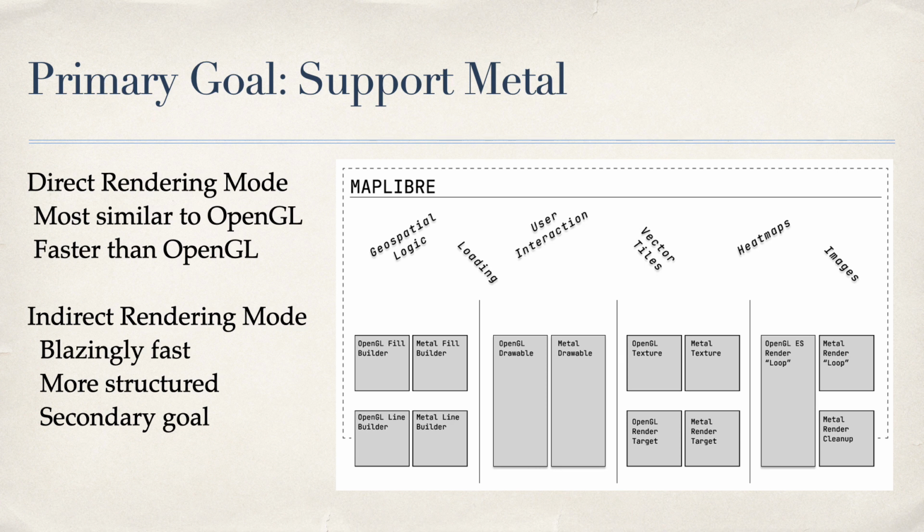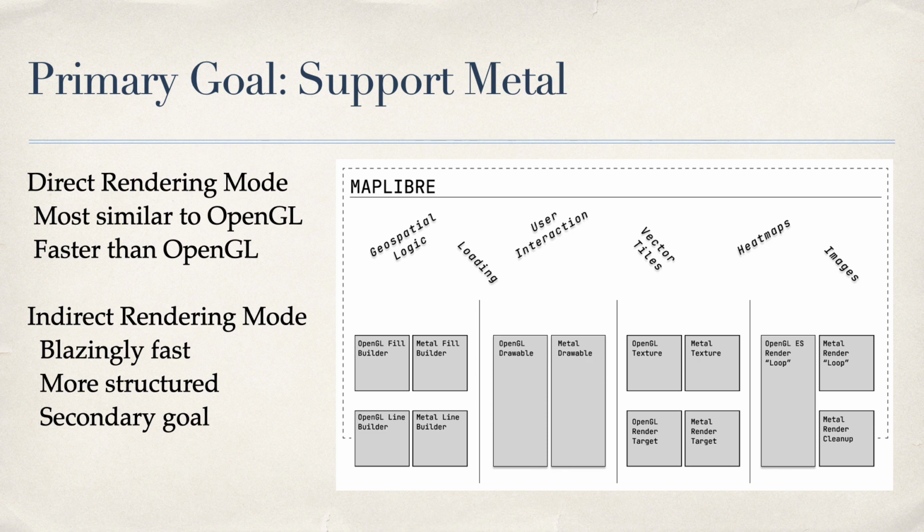Now, direct and indirect are kind of interesting concepts. Direct rendering is the most like OpenGL. You basically say, it's been a long time since you told the GPU draw a triangle. More likely, you tell it draw a million triangles, or you tell it here's a big pile of data, just figure it out. That's kind of where things are going. But it's a continuum.